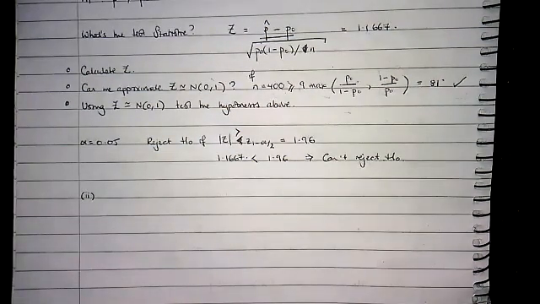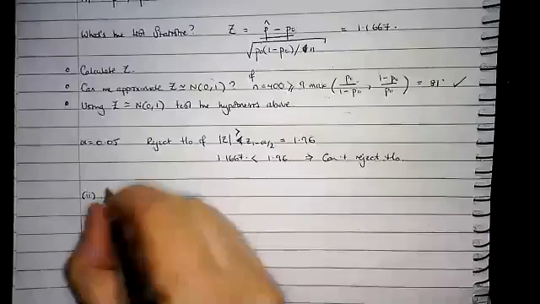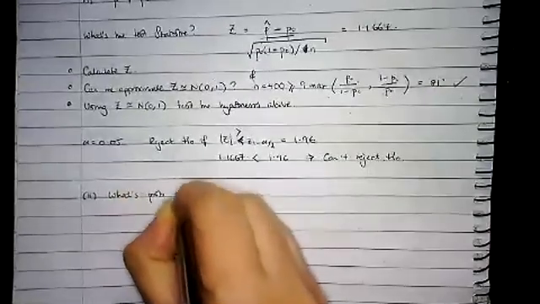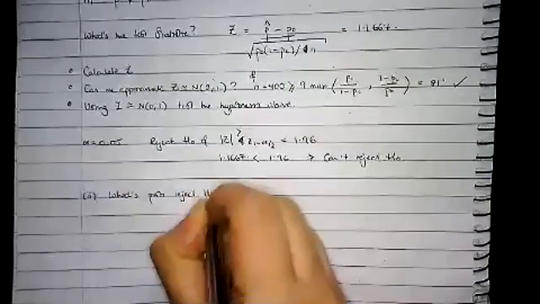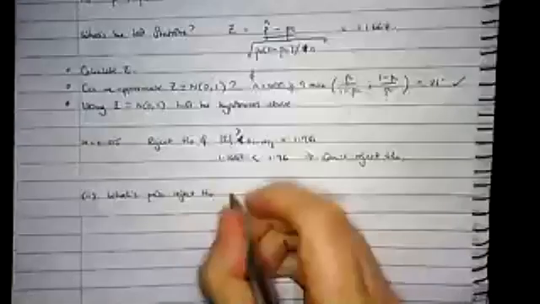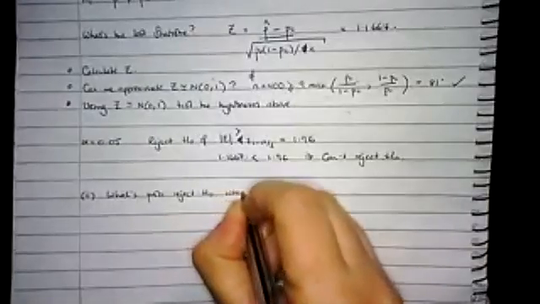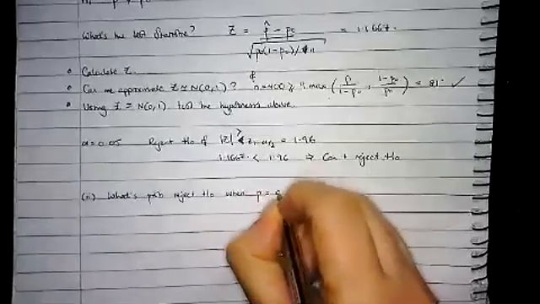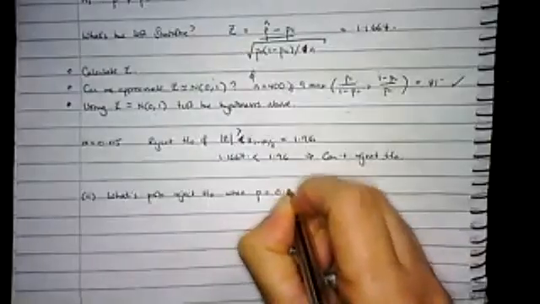So we were told to, what's the probability we reject H0 when P is equal to 0.10.